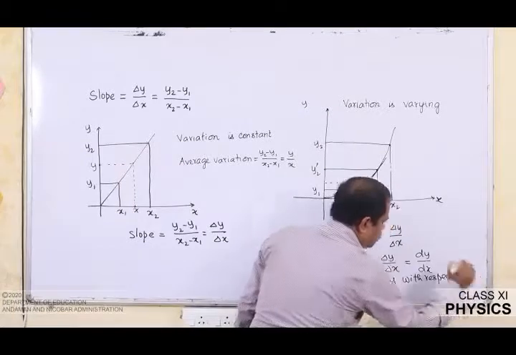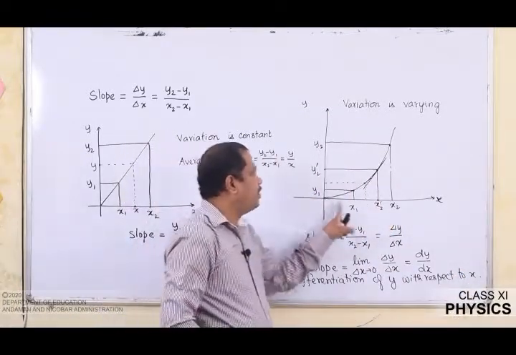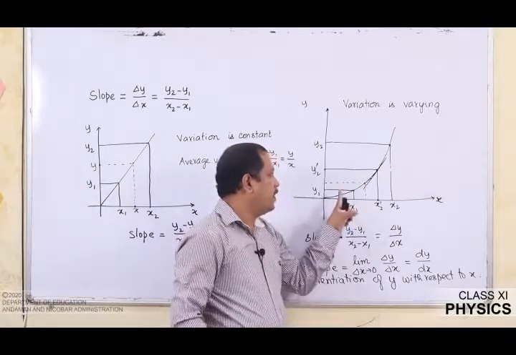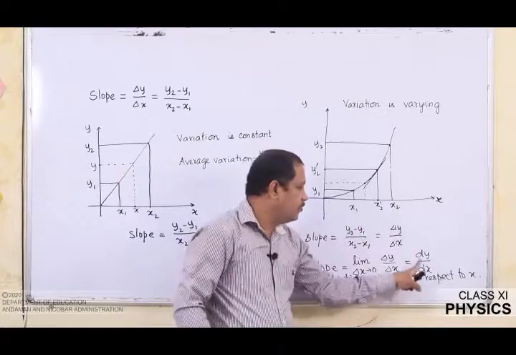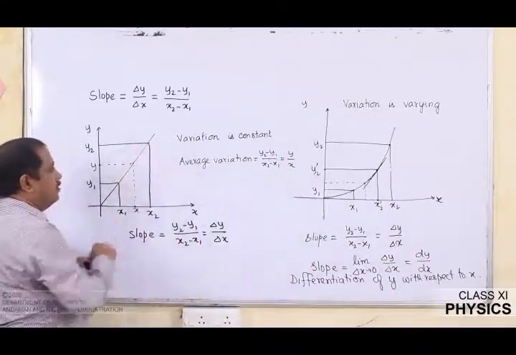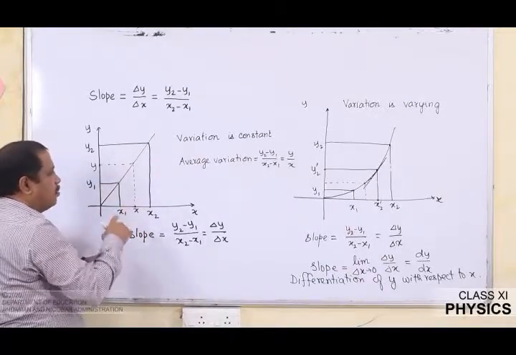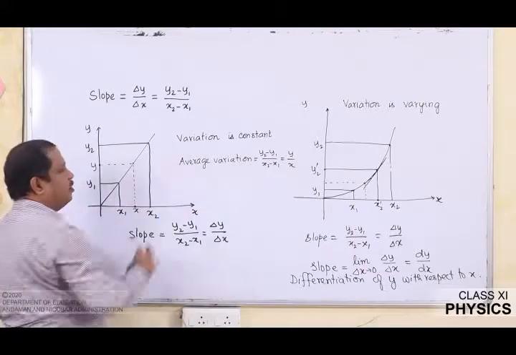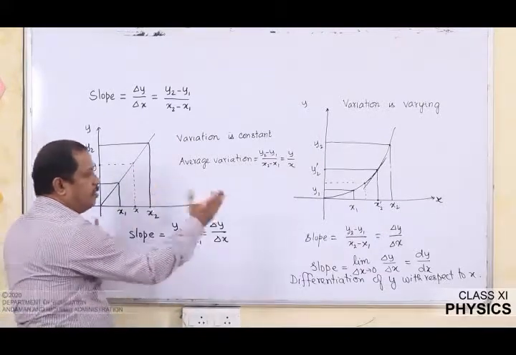It means that if you have a curve, then to find the slope at any value of x, we need to differentiate the function. Whereas, if I have a straight line, to find the value of slope at any point of x, simply if I calculate the average value, that will be enough for me to calculate the slope. This is the prime difference.